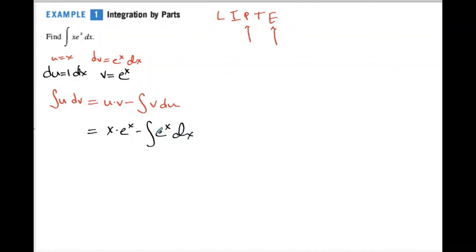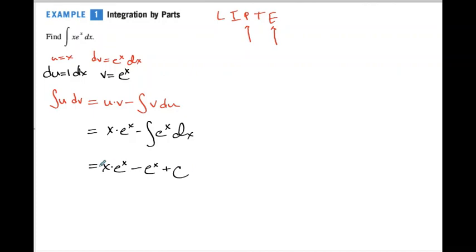And we say, well, we just did this antiderivative. We know it. The antiderivative of e to the x dx is e to the x. So now we can write the next phase of our answer, x e to the x minus e to the x. And since it's an indefinite integral, we have to add our constant of integration. And this is our answer.